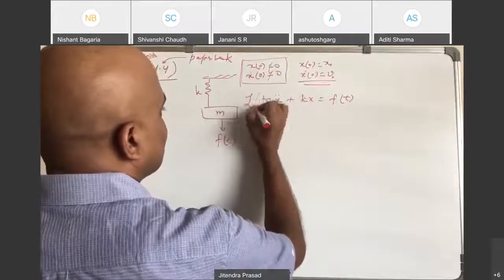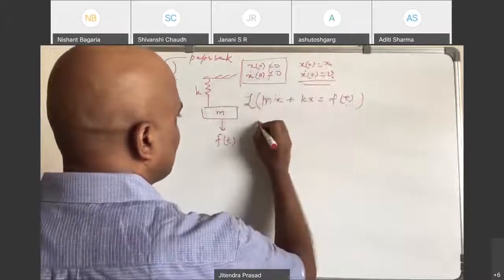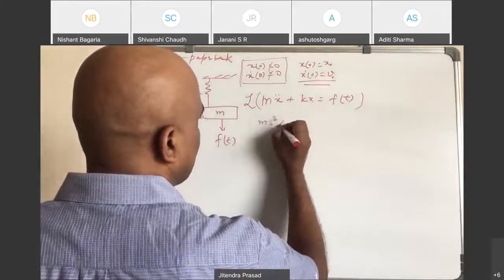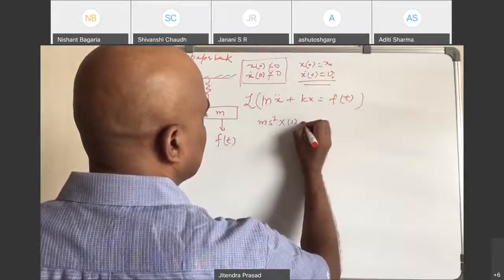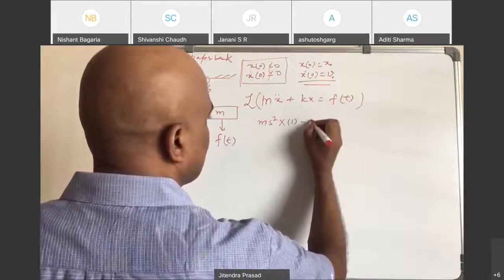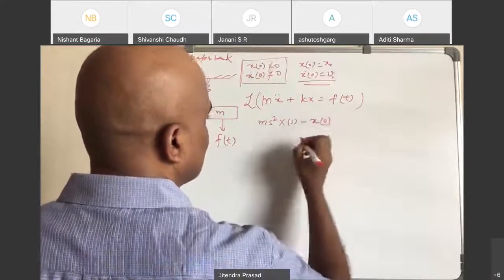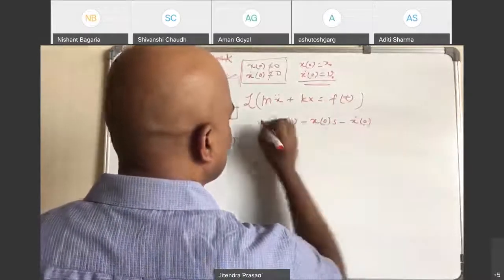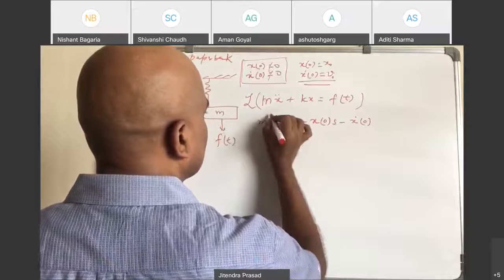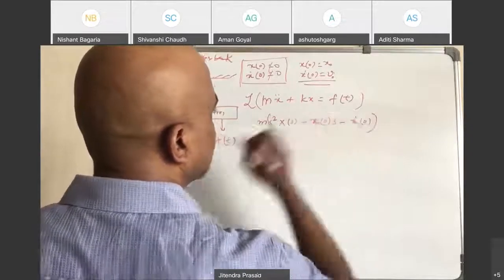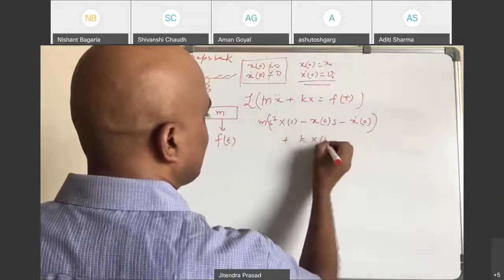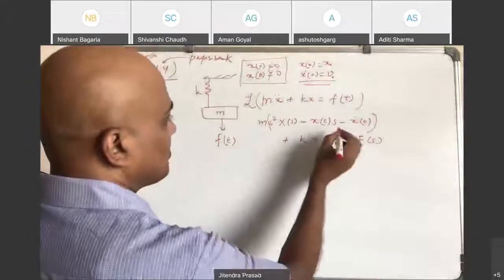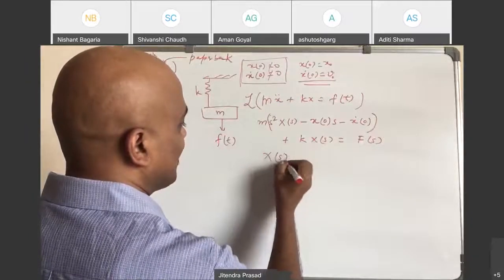You can solve it by Laplace transform. You apply the Laplace transform, then you get m times s squared X(s) minus s times x(0) minus x dot(0), plus k X(s) equals F(s). Then you find out what X(s) is.